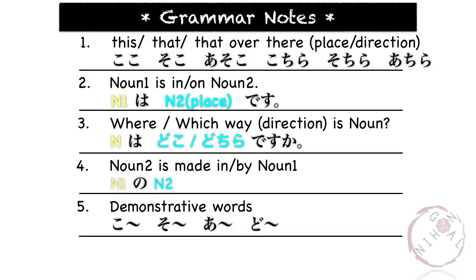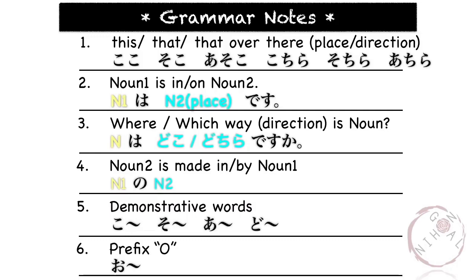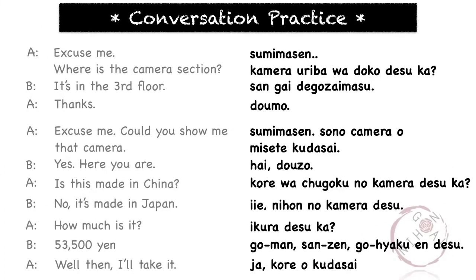And next are the demonstrative words that start with ko, so, a, and do. For example, koko, soko, are, dochira, and so on. And lastly, the prefix o, which shows politeness. Onamae, okuni, oikutsu.